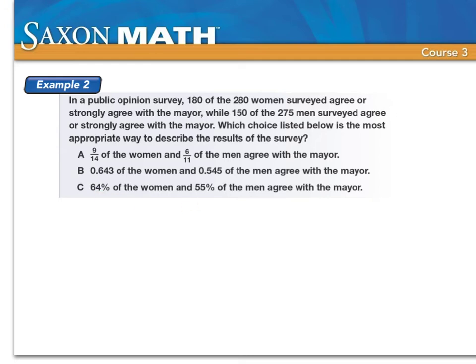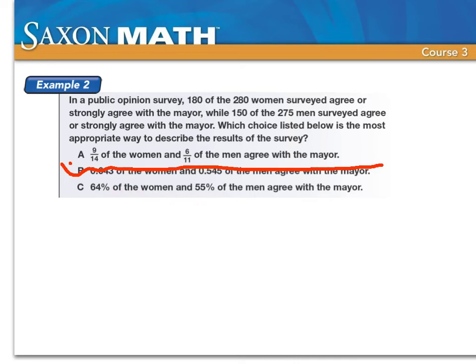Well, the decimal form is going to be out right away, because it doesn't make much sense to us. So we have to pick between the fractions and the percentages. Now, both of them have their pros. They have their good things about them. Percents are easy for us to understand and give us a good idea. People are used to recognizing percentages.